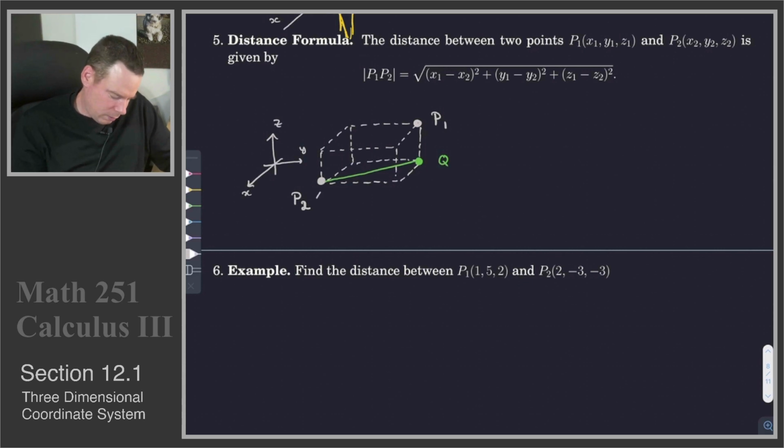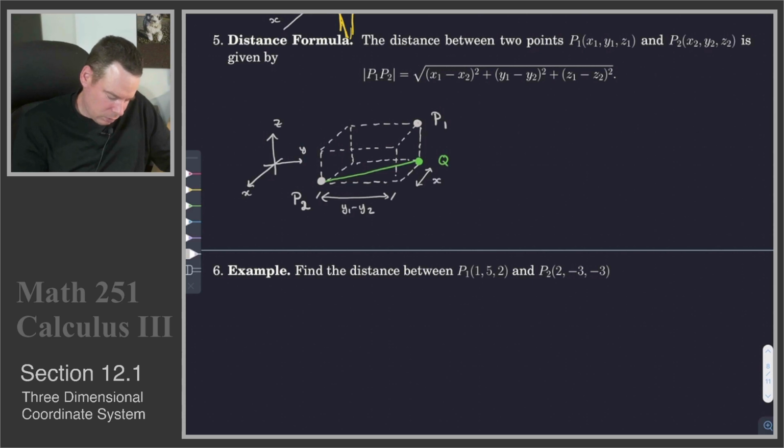So what this distance here is, that's the change in the y value. Q is really the projection of the point P1 down onto the plane that passes through P2. So P1 and Q have the same y value. So what is this difference? This is y1 minus y2. What is this distance?